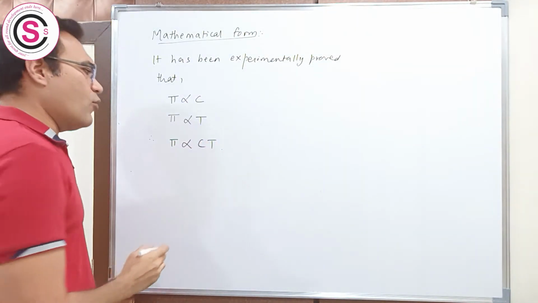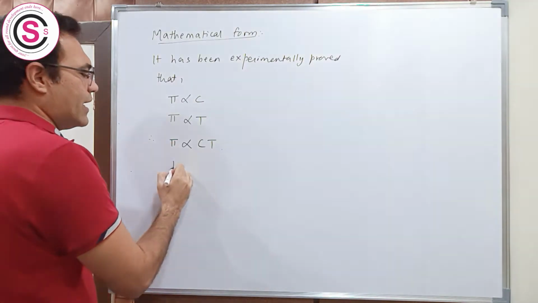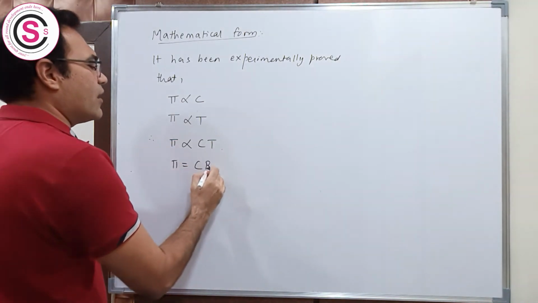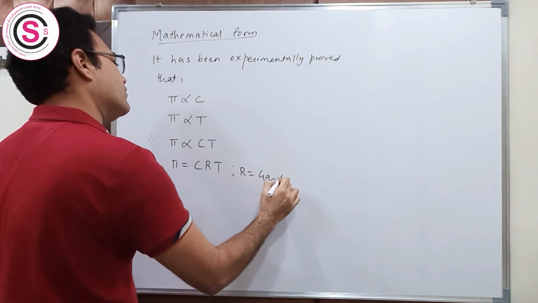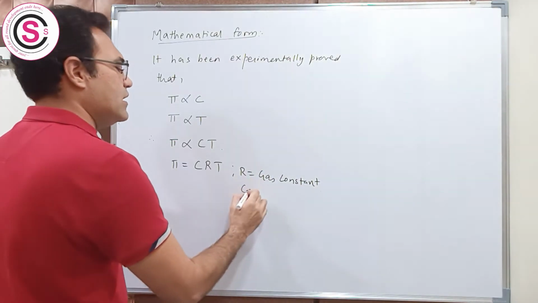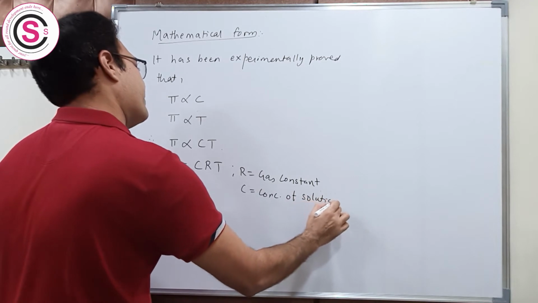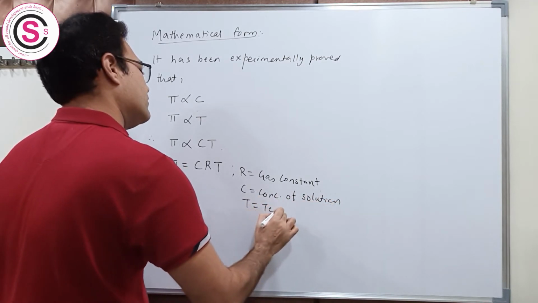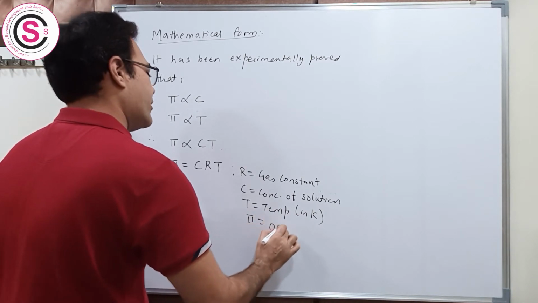Okay? Now, to remove this proportionality sign, we need a constant. So as a constant, I will take here R. R is my gas constant. Correct? So I will take R as my gas constant here. C is concentration of solution. And T is temperature, of course in kelvins. And pi is osmotic pressure.